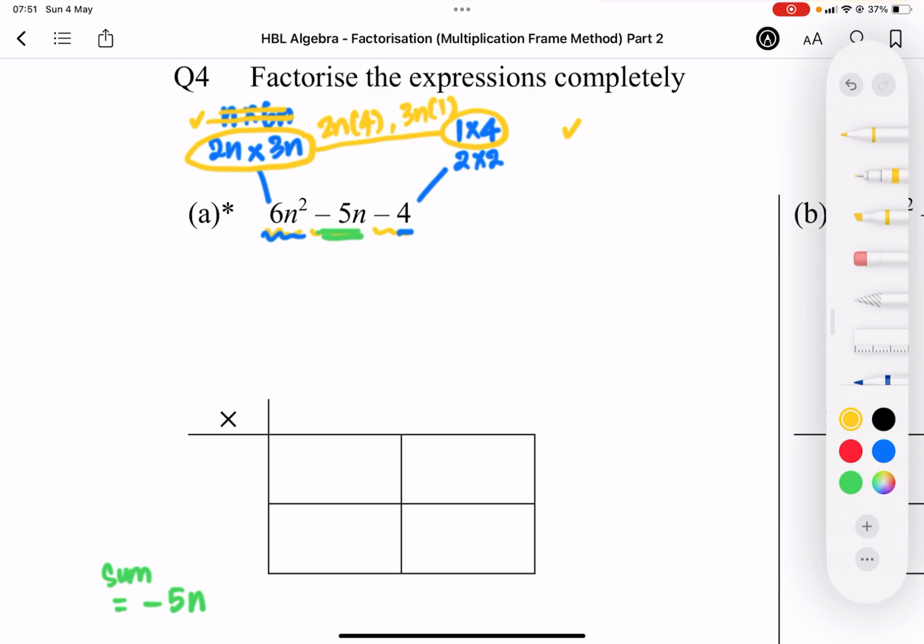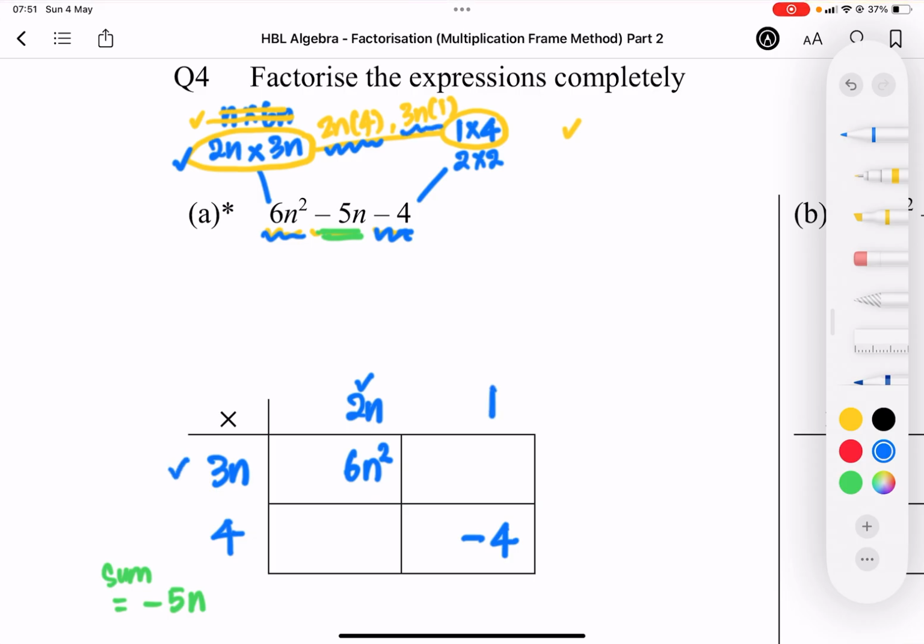Let's test this out by inserting the terms into the frame. So we have 6n squared. We know 6n squared, we will have 2n times 3n. Next, we have negative 4. So to get negative 4, the pairs we had just now, 2n will go with 4, and then 3n will go with 1.